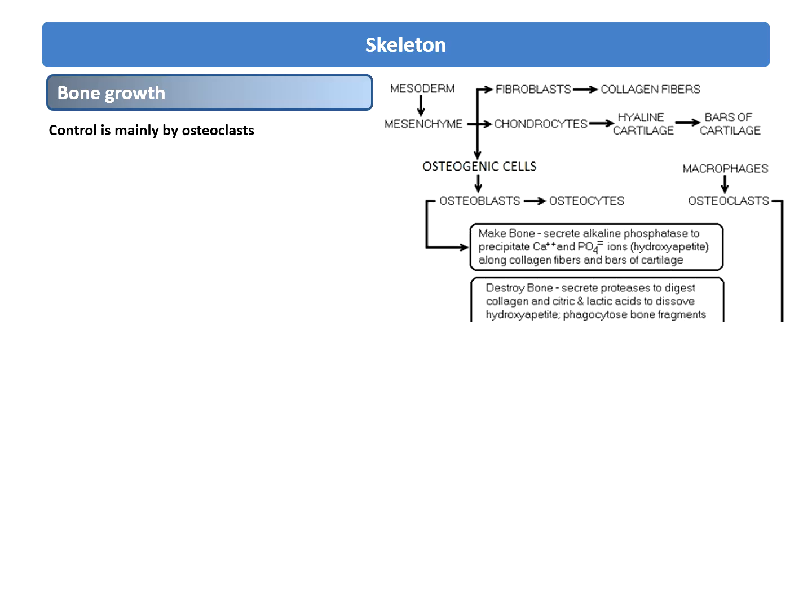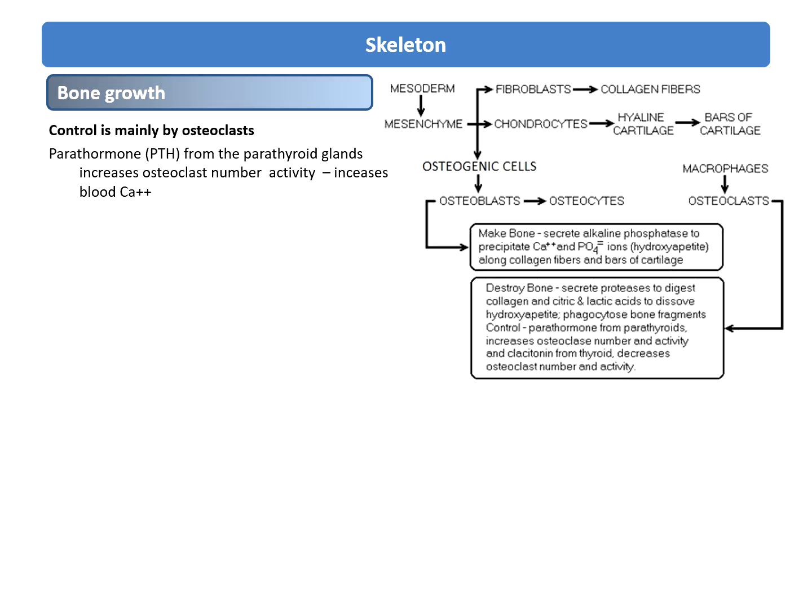Control of bone growth is mainly by control of the osteoclasts, because osteoblast activity is more or less constant and osteoclast activity is variable. Several hormones regulate bone breakdown. There's one called Parathormone, or PTH.